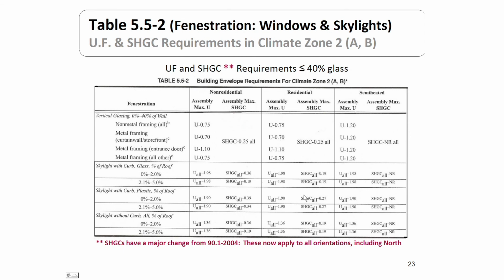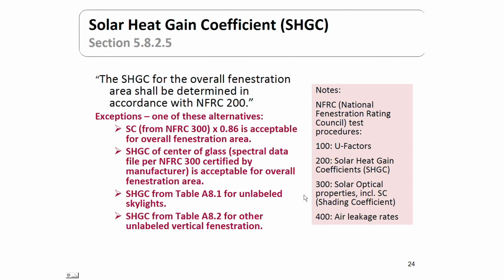Okay, that covers the actual requirement for the window. Now, how do you know your solar heat gain coefficient? You have to obtain that from a rating that's determined in accordance with the National Fenestration Rating Council, and that's their test method 200.